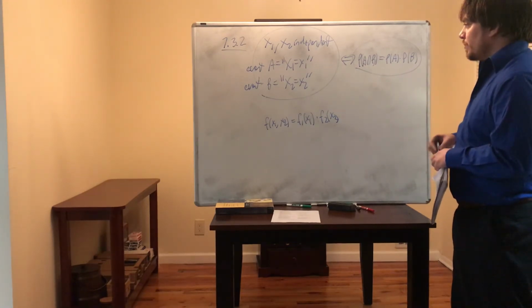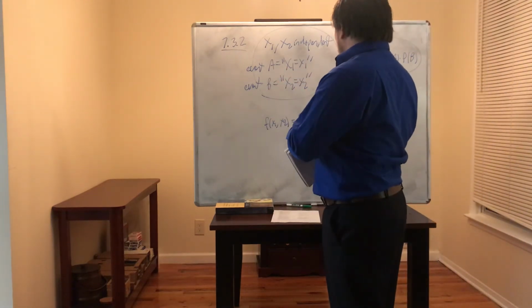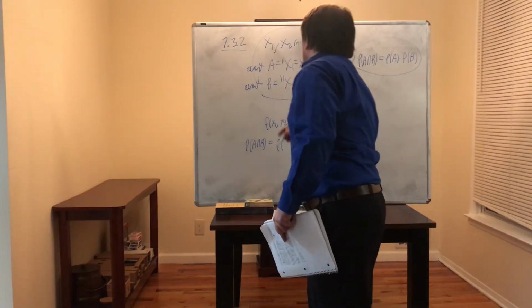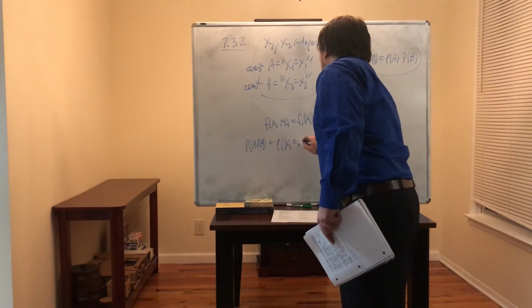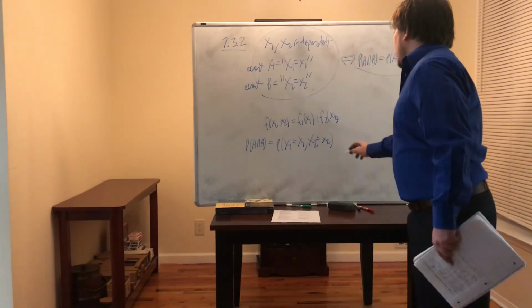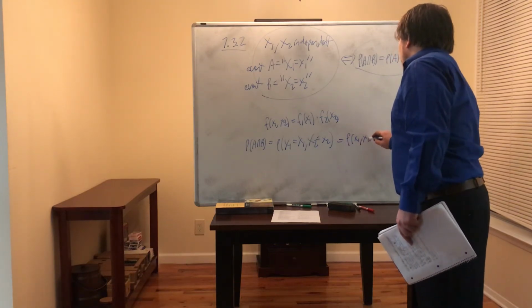Okay? Because if event A is x1 equals little x1, and event B is x2 equals little x2, the probability of A intersection B would be the probability that both x1 is equal to little x1 and x2 is equal to little x2. Well, that is the probability given by f of x1 comma x2.